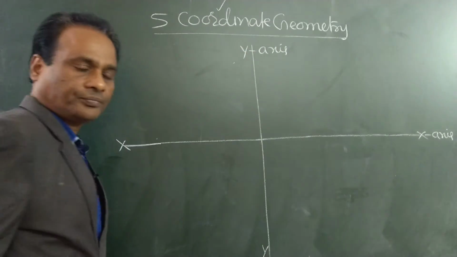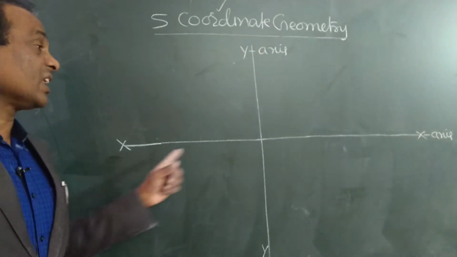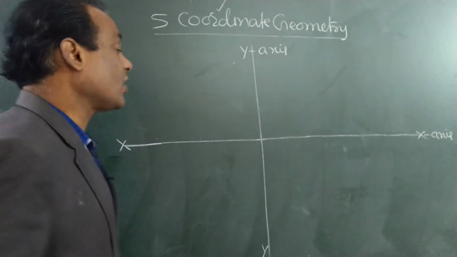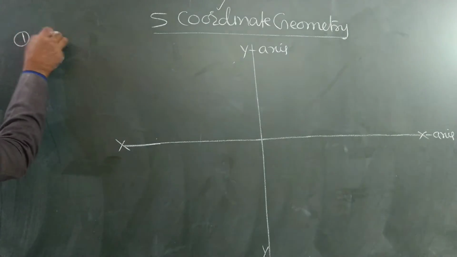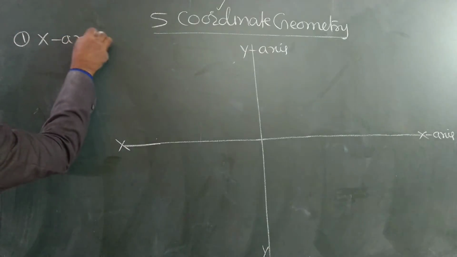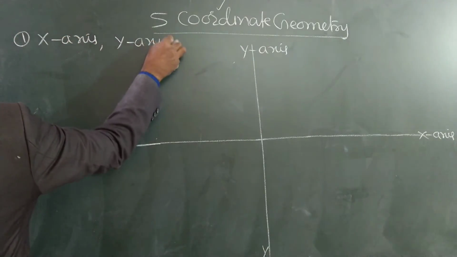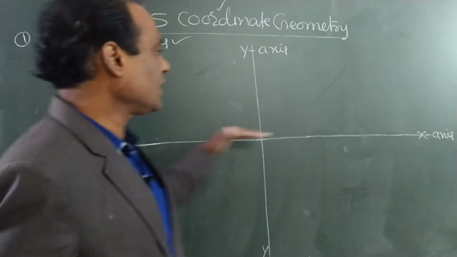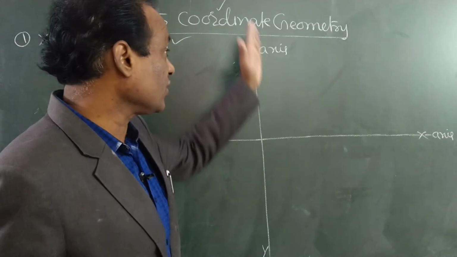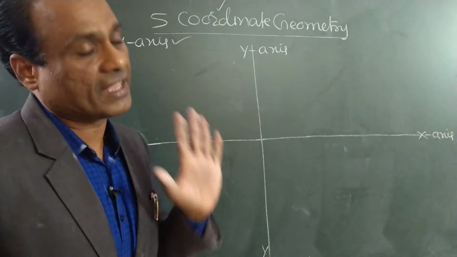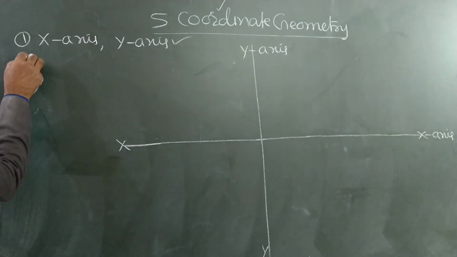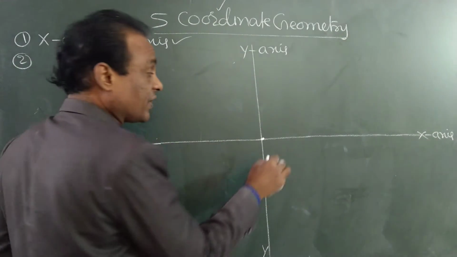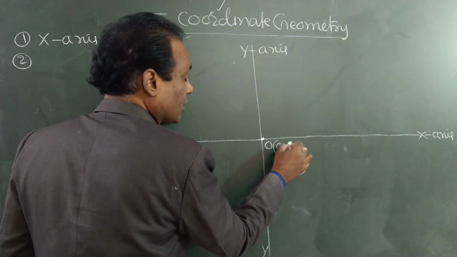This I told. The horizontal reference line in a plane is called x-axis, and the vertical reference line is called y-axis. This we studied, x-axis, y-axis. And the second point I explained is that the point of intersection of these two reference lines is called origin.